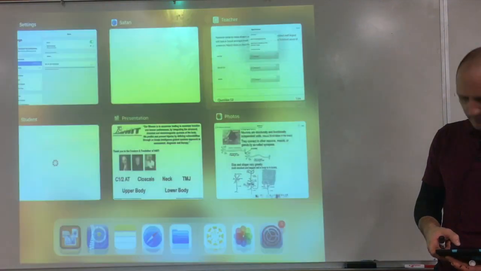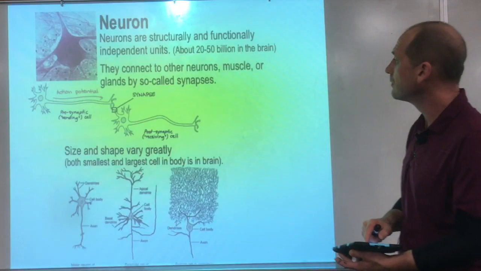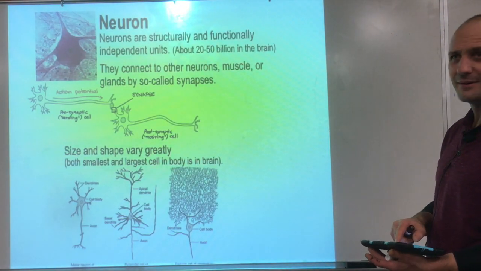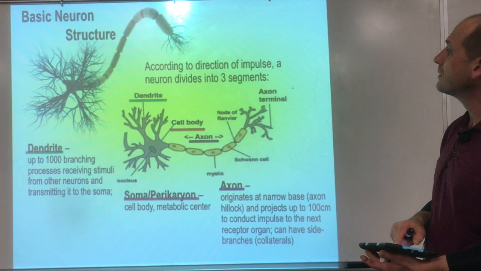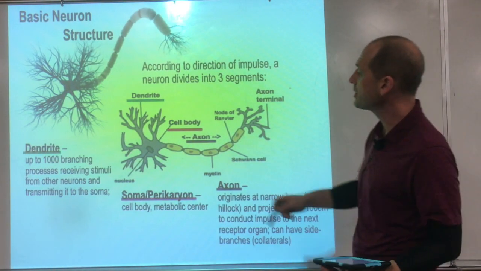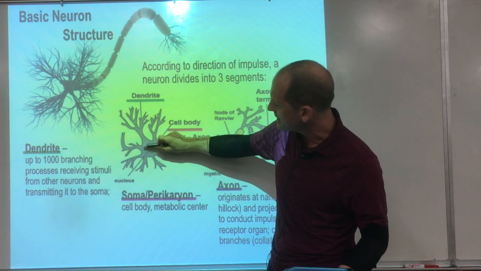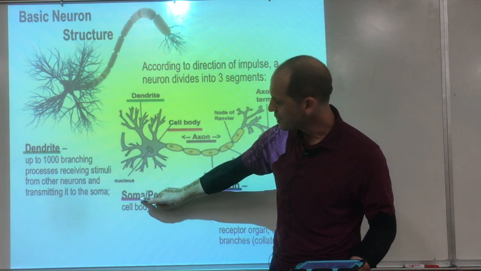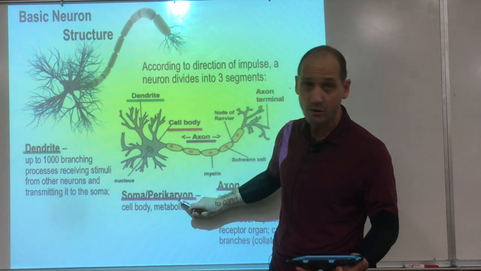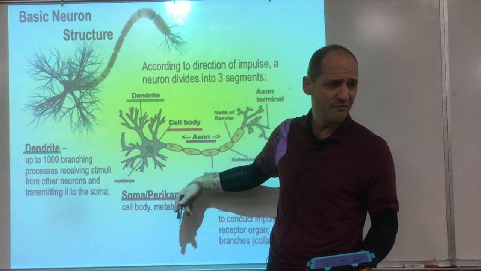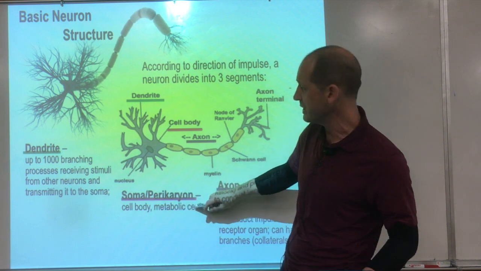So let's look at it on here. There we go. That's a generic nerve looking thing. That centerpiece where the nucleus is, that's the cell body, also known as soma or perikaryon. I put all the AKAs I can find in here so you have cross-referencing.